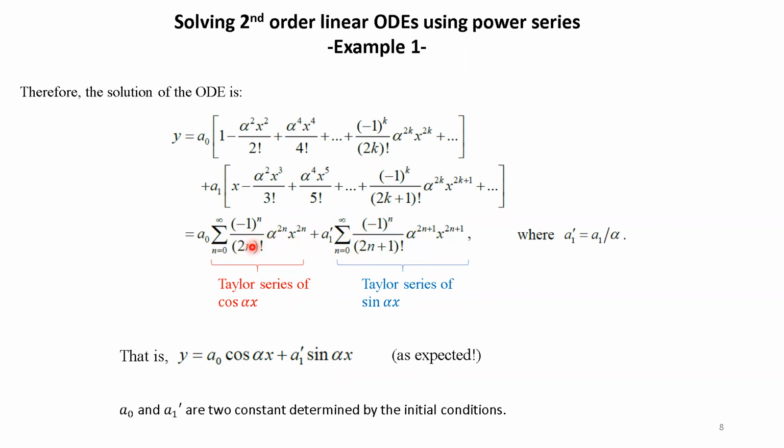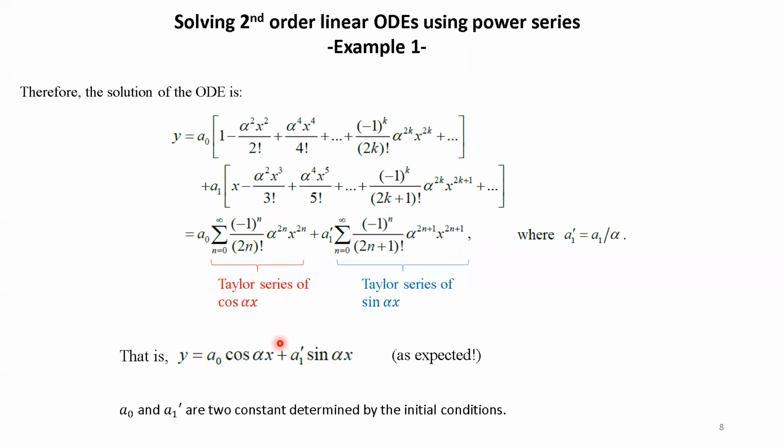And in fact, you'll notice that this series is exactly the Taylor series for cosine alpha x, and the second series is exactly the Taylor series of sine alpha x, and this is the solution.